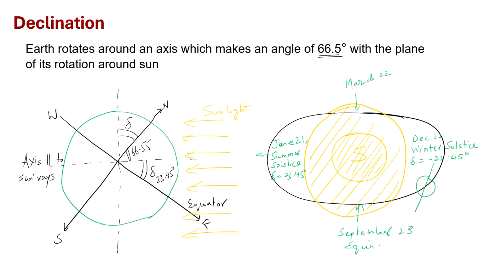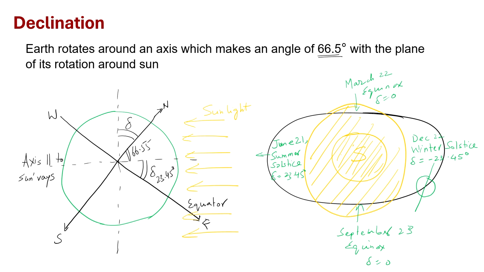These are the equinoxes, which means delta is equal to 0. So the value of delta changes from minus 23.45 to plus 23.45 because it is orientation dependent. On one side it is tilted like that, and when it goes to the other side it becomes tilted the other way around.